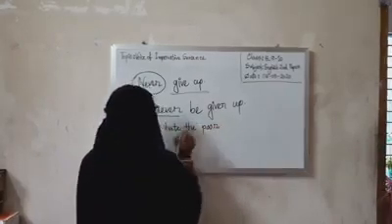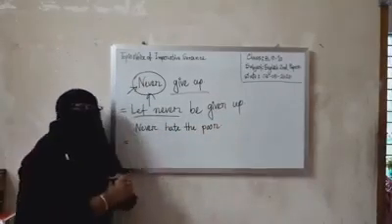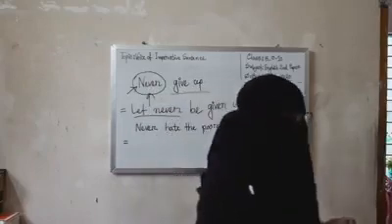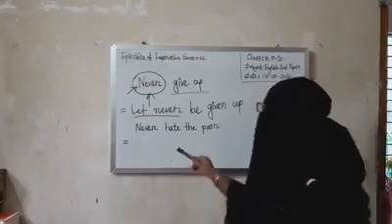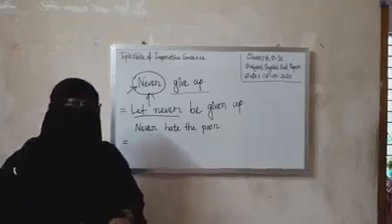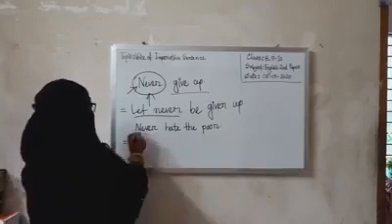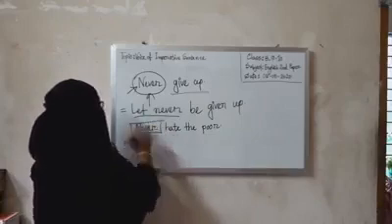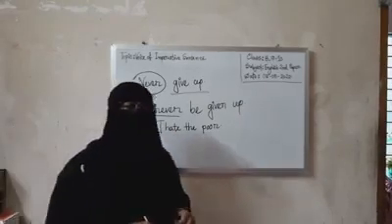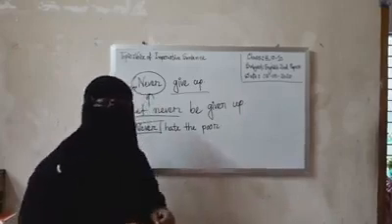Never hate the poor. কখনোই গরিবদেরকে ঘৃণা করো না. Never hate the poor. কখনোই গরিবদেরকে ঘৃণা করো না. How should we change this sentence? I think you can understand how we should change this sentence.